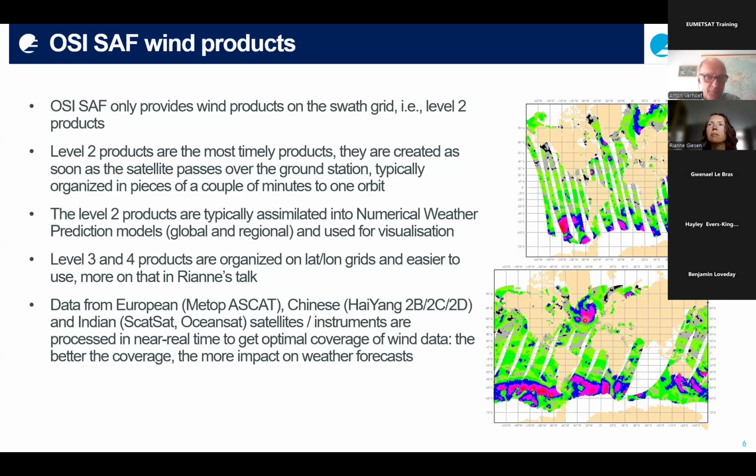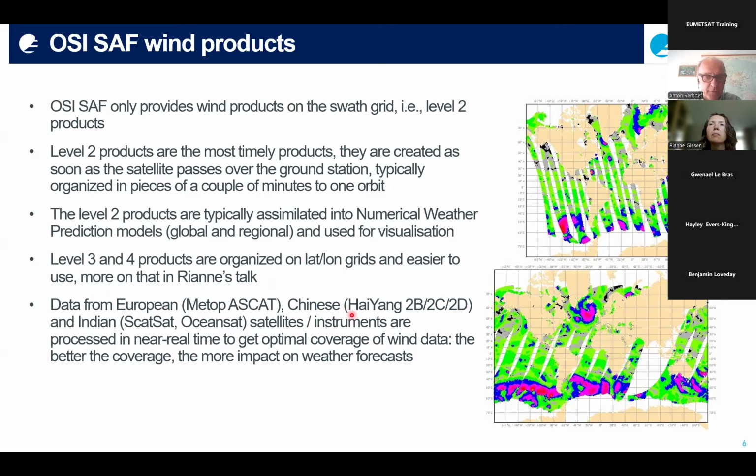Level 3 and 4 products, as mentioned, and this also will be explained by Rianne, are organized on lat-long grids, latitude-longitude grids, and they are easier to use, but they are not as timely as the level 2. So in the OSI SAF, we use data from European satellites, so METOP, ASCAT, the Chinese Haiyang series.